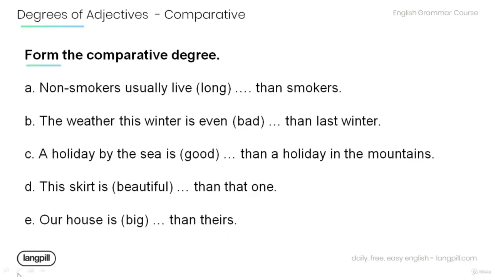And now, read the following sentences and form the comparative degree. A. Non-smokers usually live long than smokers. B. The weather this winter is even bad than last winter.